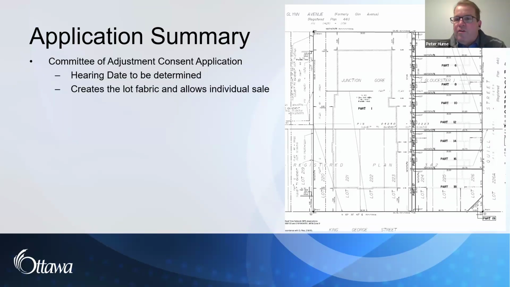Now, in order to use the part lot control process, your lot has to be a lot on a plan of subdivision. In a lot of these cases, these lots weren't laid out on a plan of subdivision, and when they're not, you have to go to the Committee of Adjustment and sever the individual lots off.